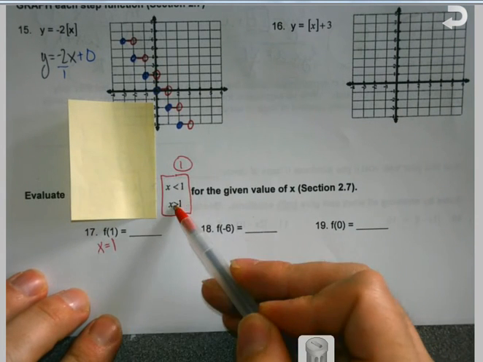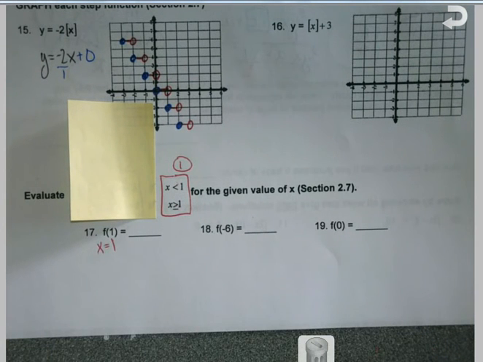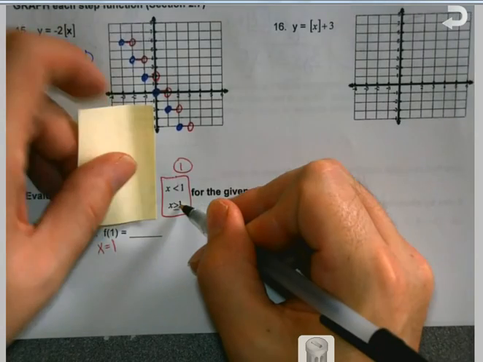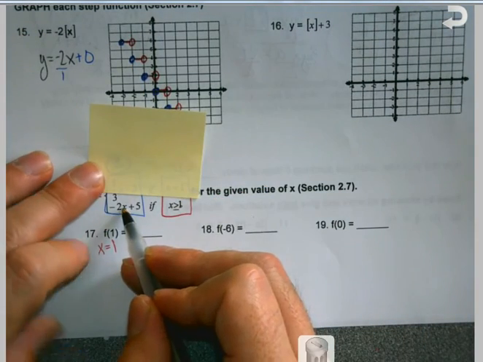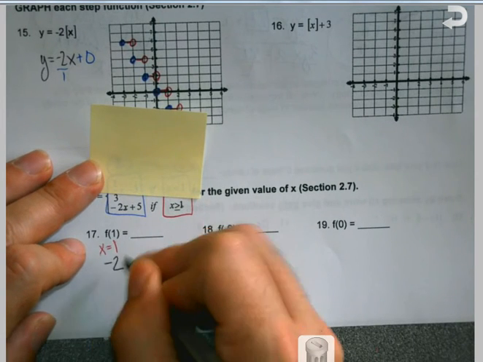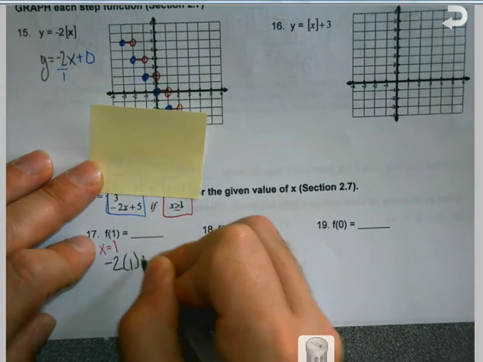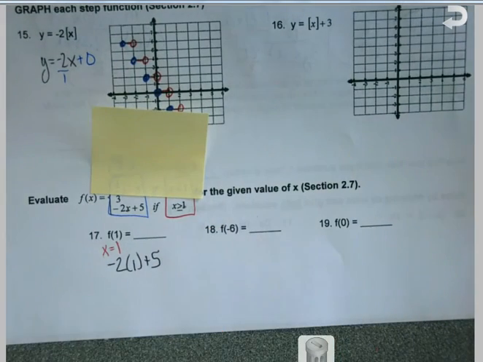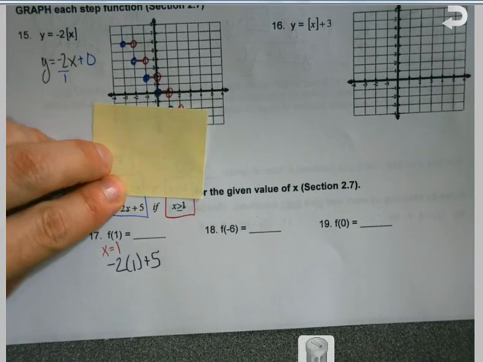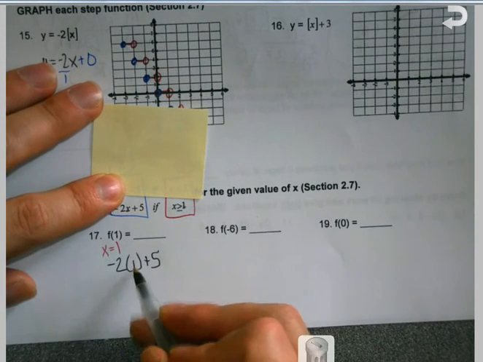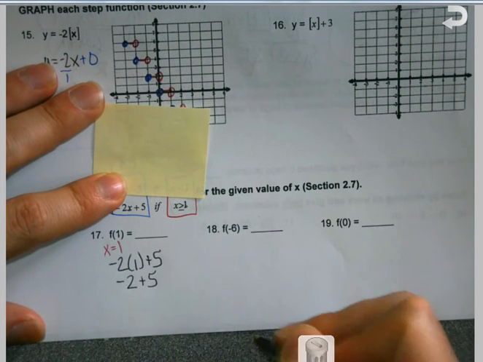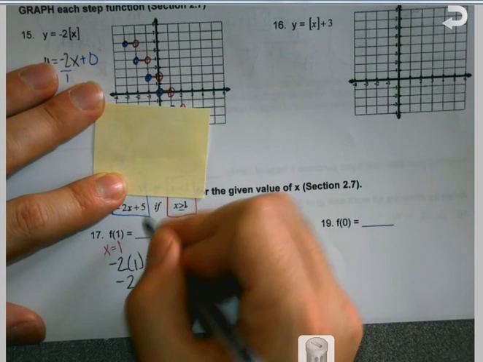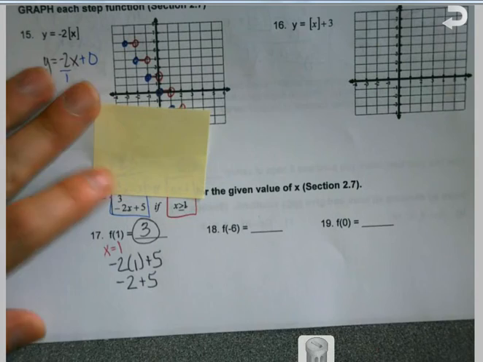Which one, the top or bottom, does that fit into? The bottom one. So once I see it fits in the bottom one, now I plug this value into the expression for the bottom one. Since it's negative 2x plus 5, I plug in the 1 for x. And negative 2 plus 5 gets me to 3.